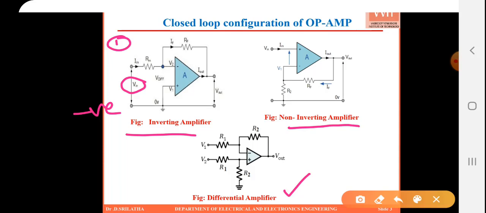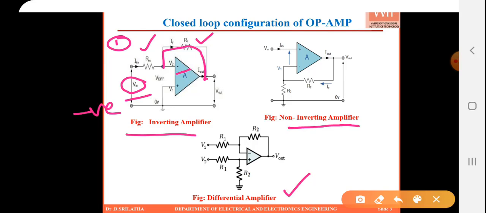RIN is the input resistance, RF is the feedback resistance, and the feedback is connected from output to the input. Since we are connecting a source to the inverting terminal, the negative terminal, it is called inverting amplifier.